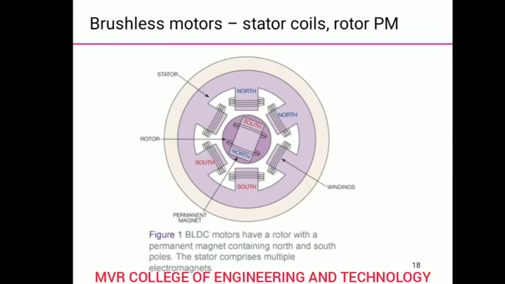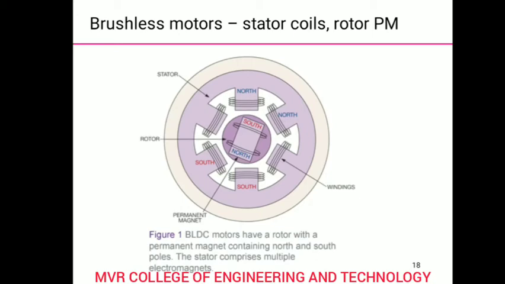In the PM DC motor we have brushes. If you go for permanent magnet brushless motors, for the rotor there will be permanent magnets. Observe carefully, this is very important. Most of the students get confused here about the PM DC motor and the permanent magnet brushless DC motor. What is the main constructional difference?